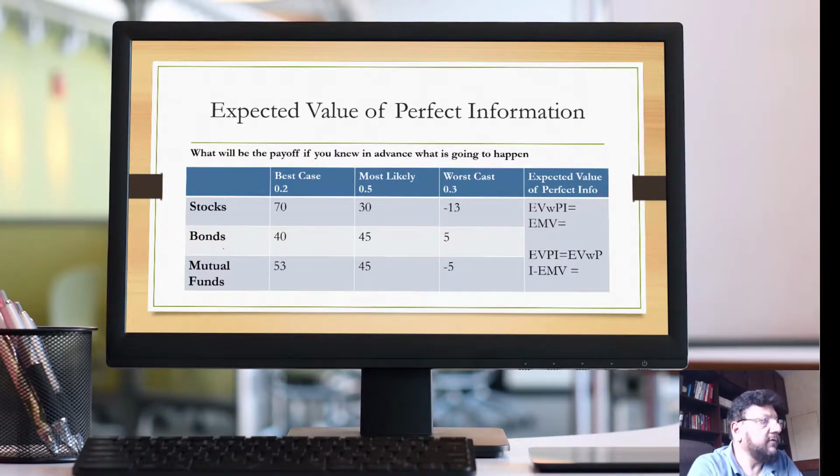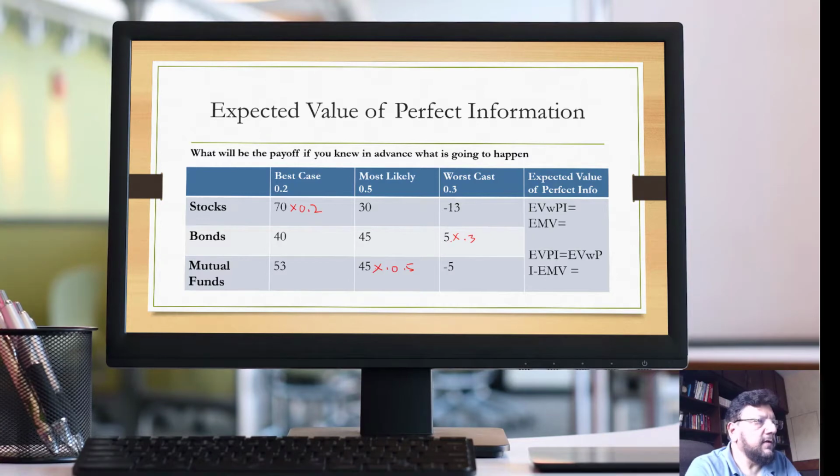The monetary value of perfect information would be that for each scenario, in the best case growing market, stocks is the best, so you would multiply stocks with the likelihood of that market. In the most likely, bonds and mutual funds, either one, so I'll multiply this by 0.5, and in the worst case scenario, bonds are the best, and I'll multiply the payoff by 0.3.